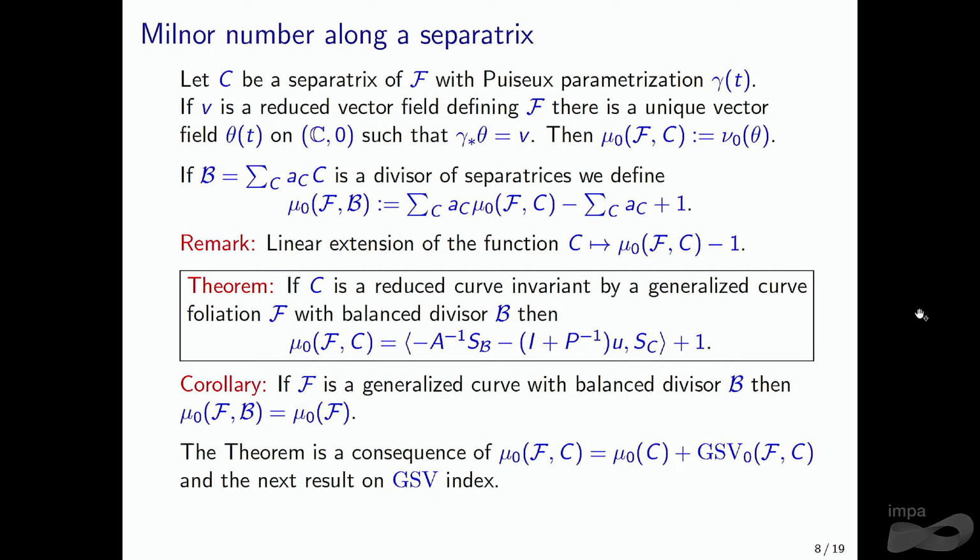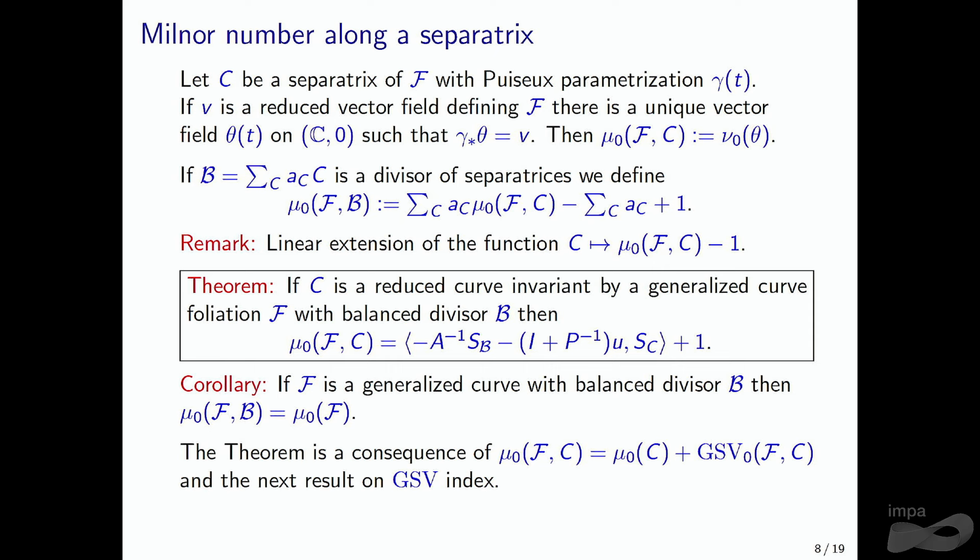As a corollary, if we recall the formula for the Milnor number, not along C but in general, it was the same formula, except that here S_B appears instead of S_C. So automatically we obtain this corollary, that the Milnor number of a foliation along a balanced divisor equals the Milnor number of the foliation.